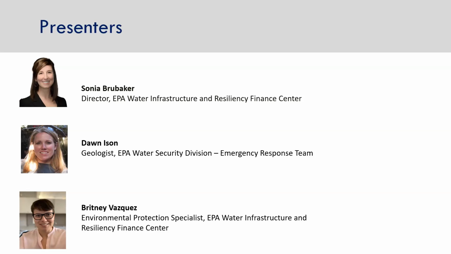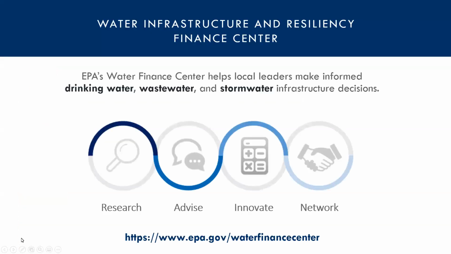Before we get into the details of the survey and tool, we first want to give a little bit of information about our respective organizations. EPA's Water Finance Center provides funding and financing information to help local leaders make informed drinking water, wastewater, and stormwater decisions.